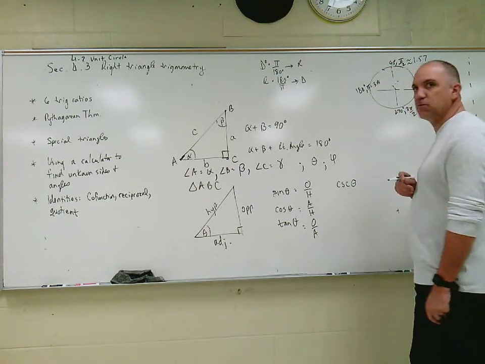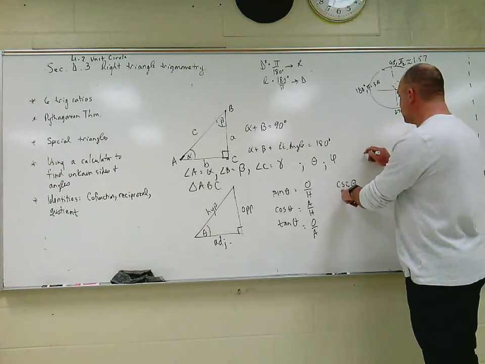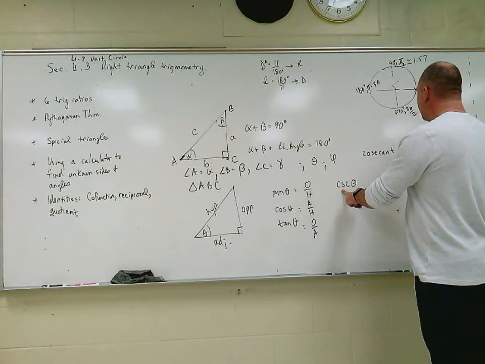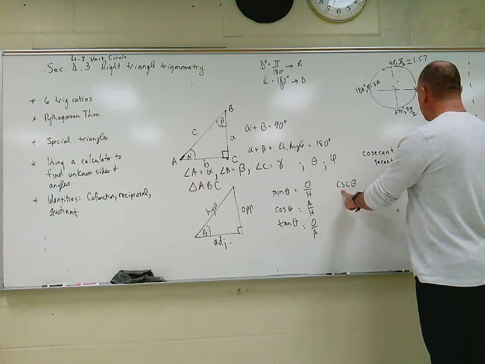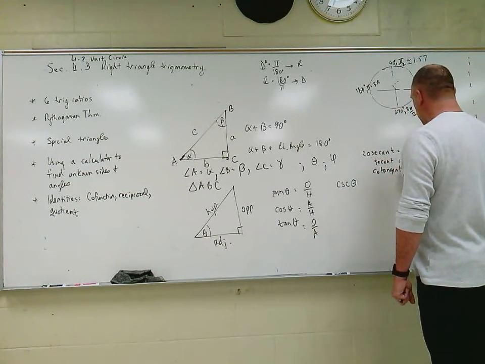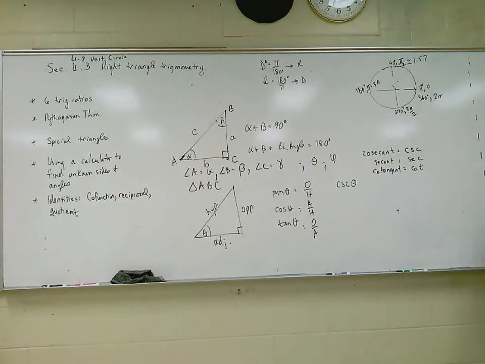It is not the inverse sine. That's something different. I'll talk about that later. Secant is written SEC. And cotangent is written COT. And those are the 3 reciprocal identities.